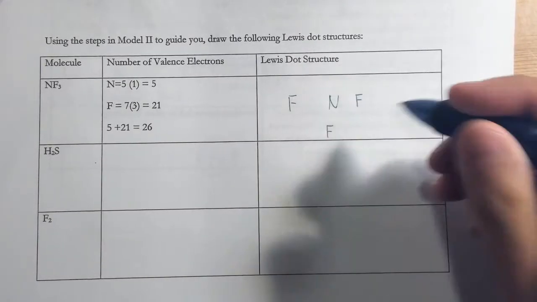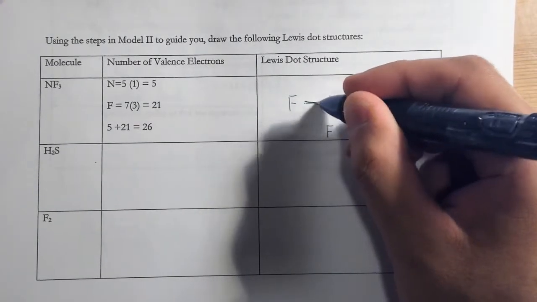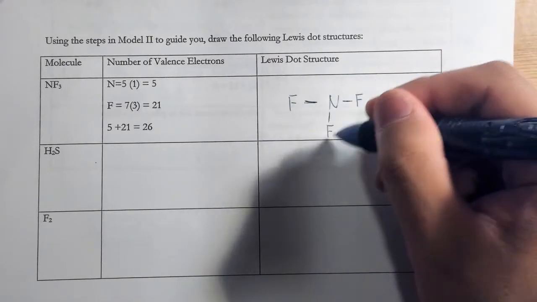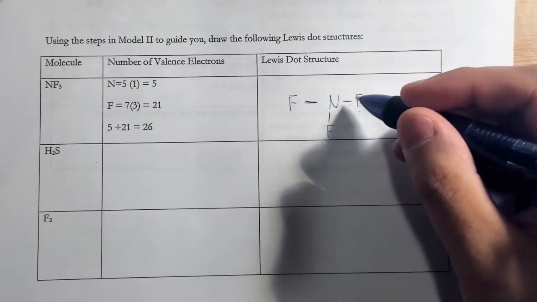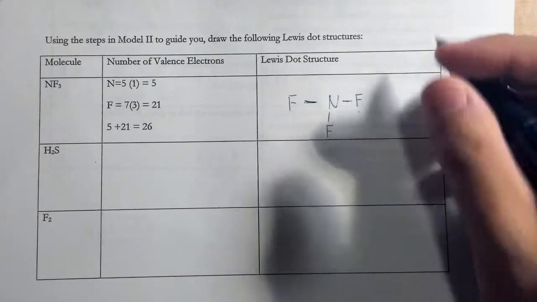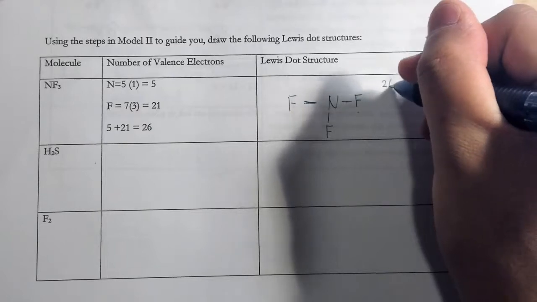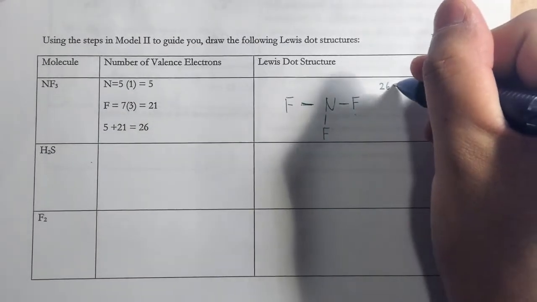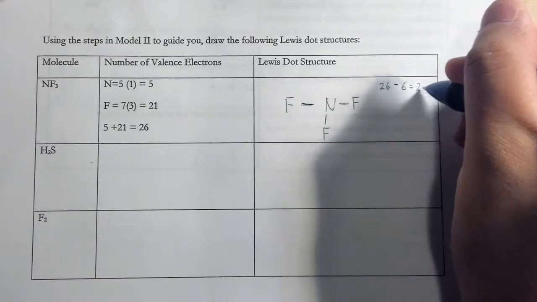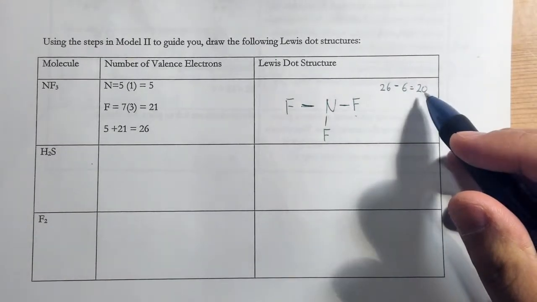Next step was to draw a single bond connecting each of these elements. So N-F, N-F, and N-F. That's 1, 2, 3, 4, 5, 6 valence electrons used. From the overall 26, we subtract 6, which gives you 20 valence electrons left over.